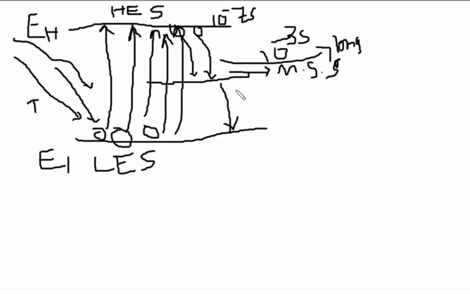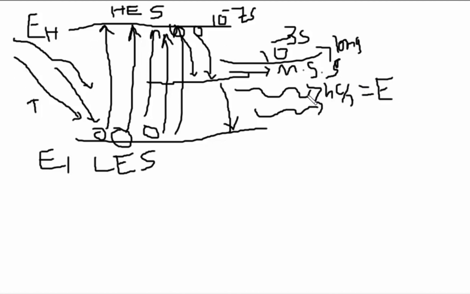While coming from the higher energy to the lower energy state, it will emit some radiation. Okay, that is in the form of hc by lambda. So what will we get this time? Electrical energy.